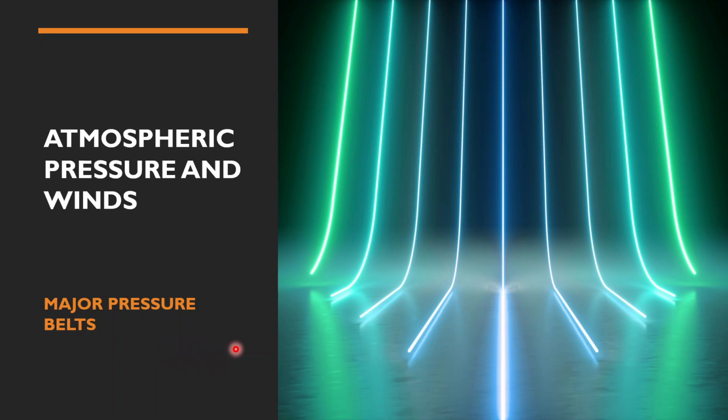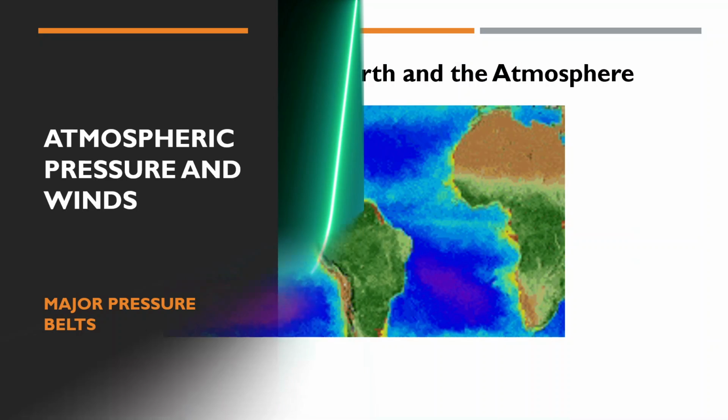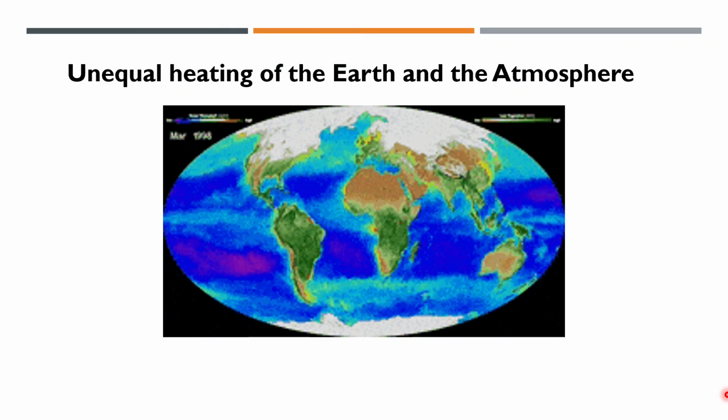Now, the horizontal distribution of atmospheric pressure varies from place to place. It is due to this variation in temperature and the rotation of the Earth that we have the different pressure belts. Now, the Earth is not equally heated everywhere.